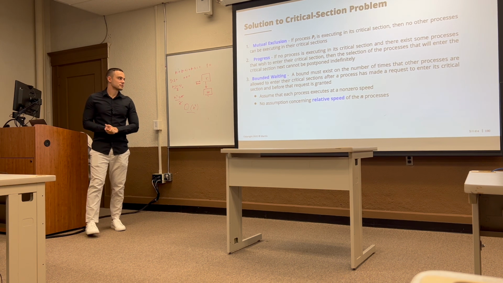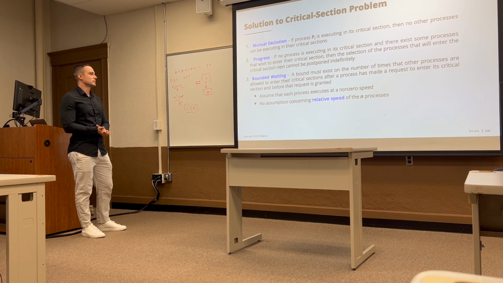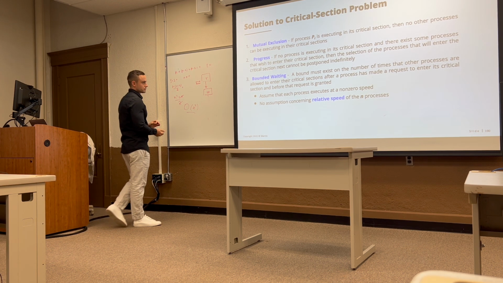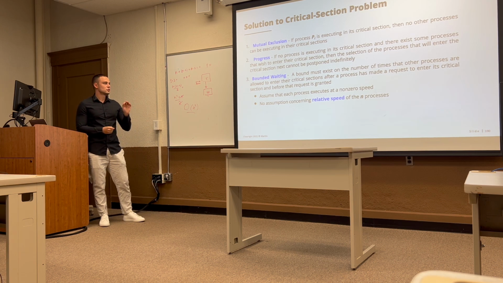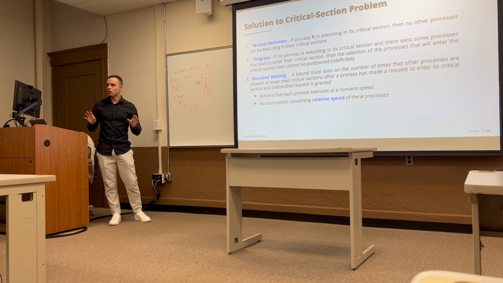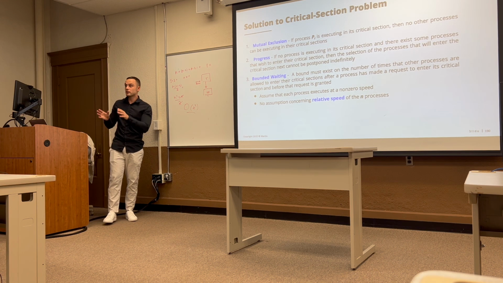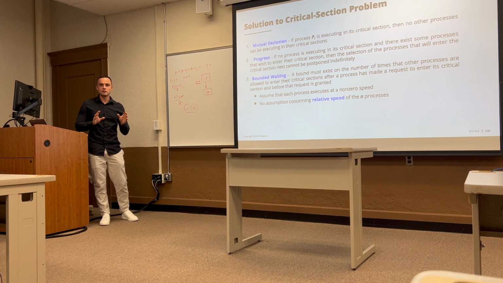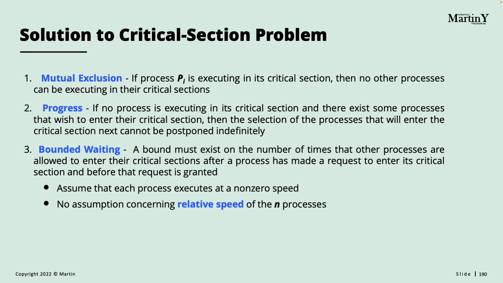And the third rule is that once we have a process in the critical section, we need to make sure that the critical section is available for all the processes. Every process can go to the critical section and verify whether they can go in or not. They should all be able to access the algorithm to do so.